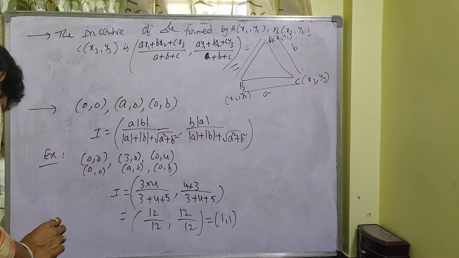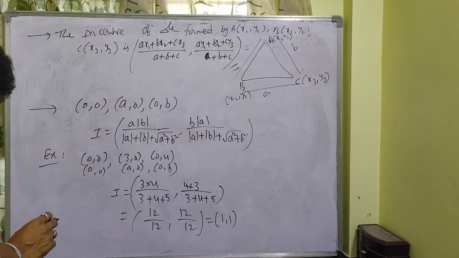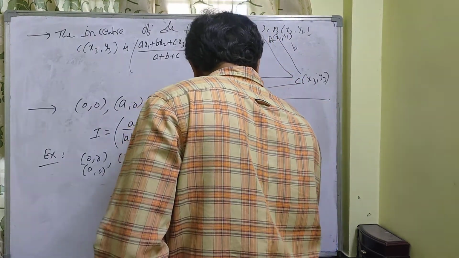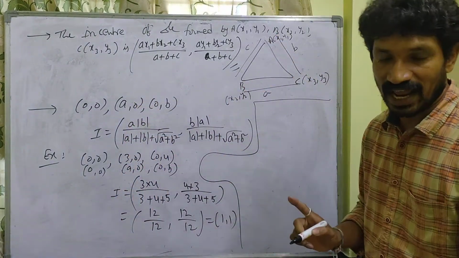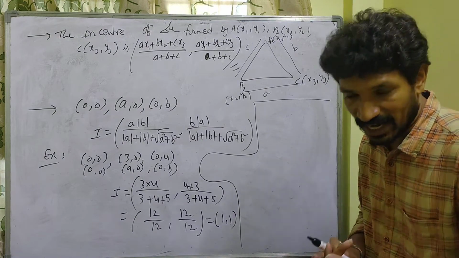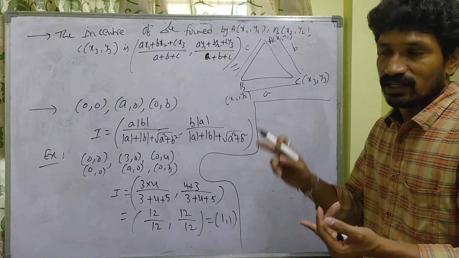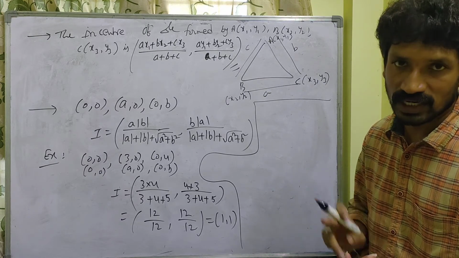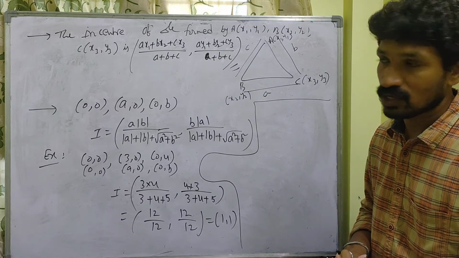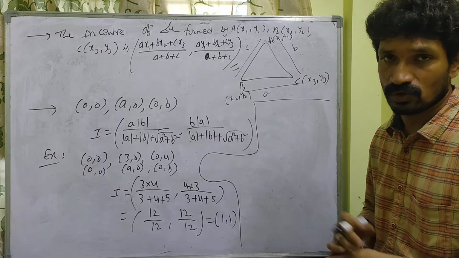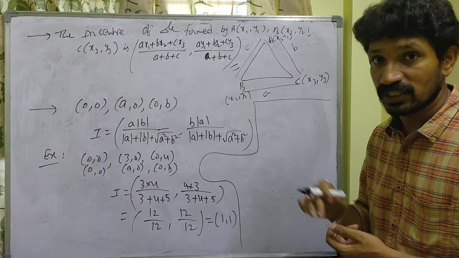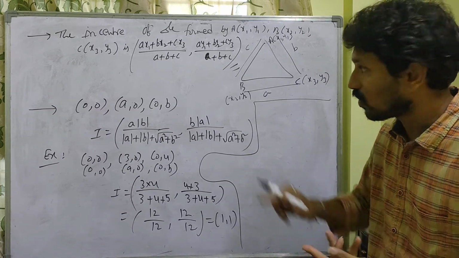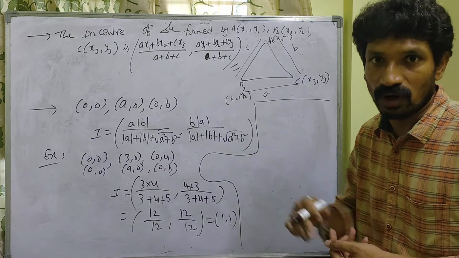Next, you go for one more example. Whenever they give a right angle triangle, circumcenter is the midpoint of the hypotenuse, orthocenter is the right angle vertex. So here there is no shortcut form. But if it is an equilateral triangle, you can say orthocenter, circumcenter, centroid, incenter, all these four are coincident.